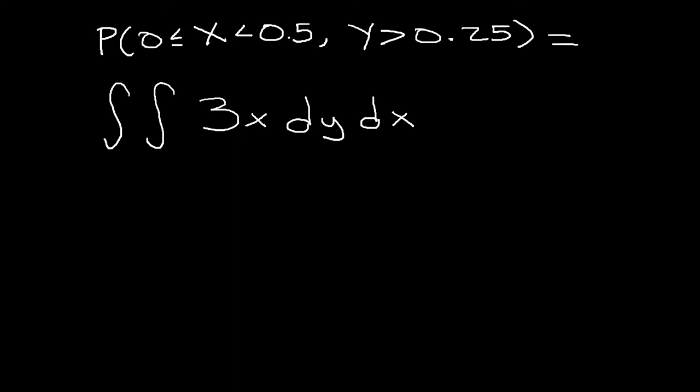That means that the limits of integration are going to be from 1/4 to x for the y integral, and for the x integral we're going to have from 1/4 to 1/2. And these integrals are very easy.